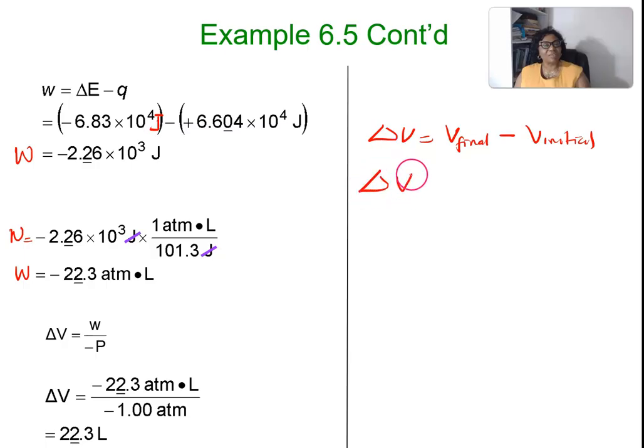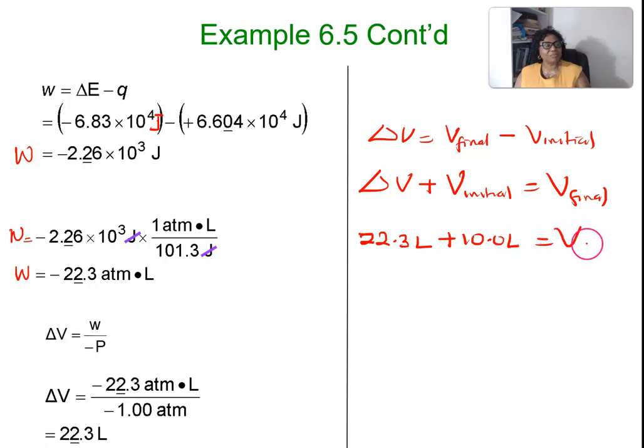So delta V plus V initial will give us V final. So we have 22.3 liters plus 10.0 liters equals V final, or V2.